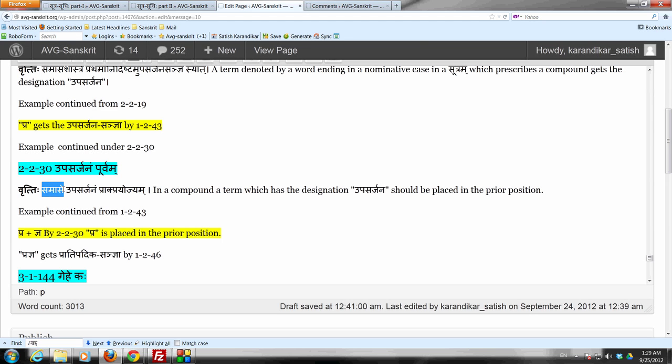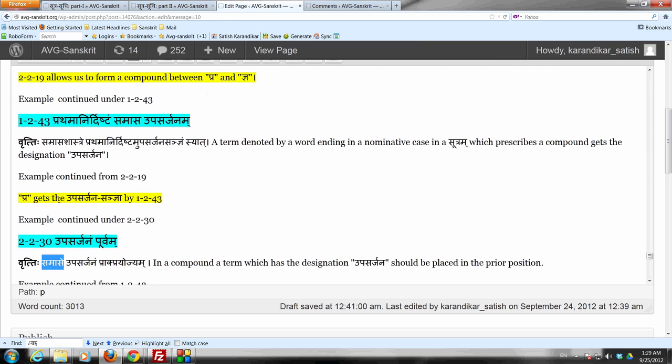Samase. Now compare this samase, which is in the compound itself, with the prior sutram, where we have samasa shastre. That samasa shastre was talking about a samasa vidhayaka sutram. That's different. Here we are talking about actually placing the term in the compound itself, samase.